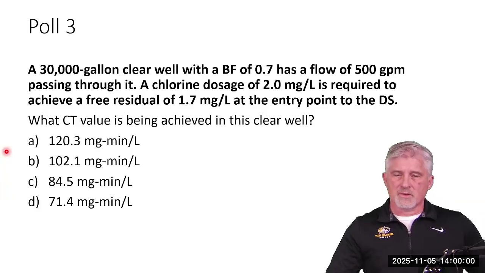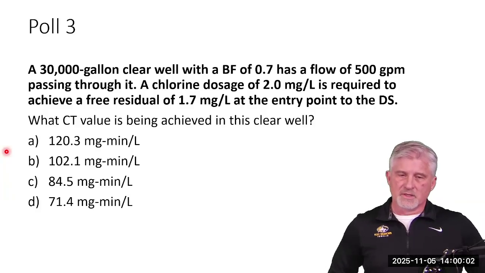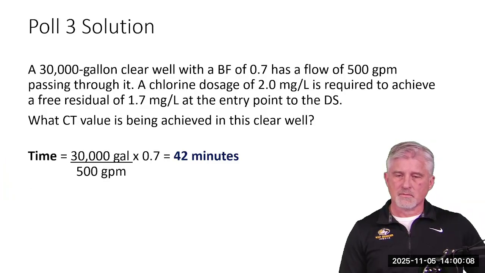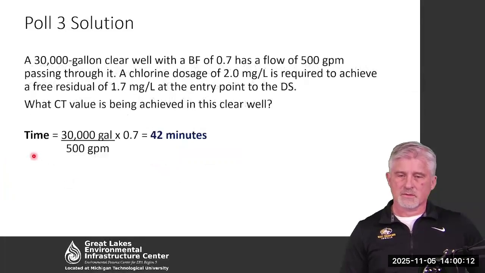So what is our CT value? What CT value is being achieved in this clear well? Let's go through this problem. First thing we're going to do is determine what our contact time is. So that's the volume of our clear well, multiplied by our baffling factor and divided by our flow.